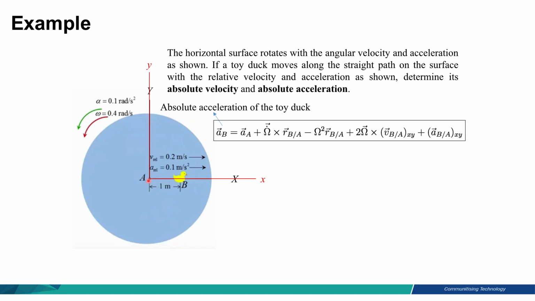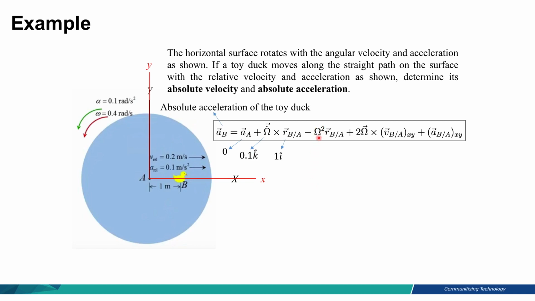So a A, point A does not move, therefore the acceleration of point A is equal to 0. The angular acceleration of the rotating axis is indeed equal to the angular acceleration of the surface because we set the axis to coincide with the fixed reference frame. Therefore, this is 0.1k, taking the value of alpha here. r B/A is 1i.